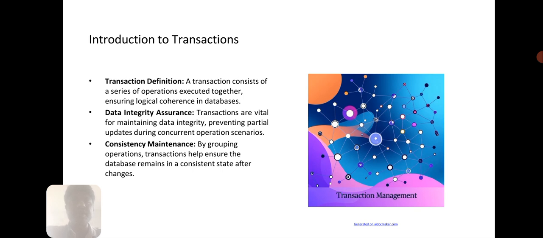Next is consistency maintenance: we group operations with the help of the transaction, so we can ensure the database is in a consistent state after the changes. That is the main reason we use consistency.